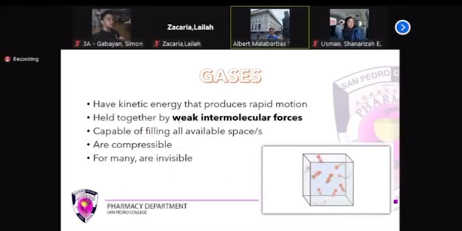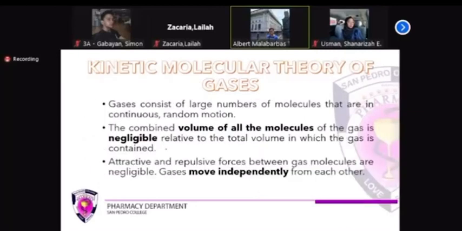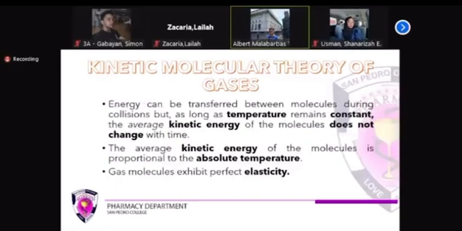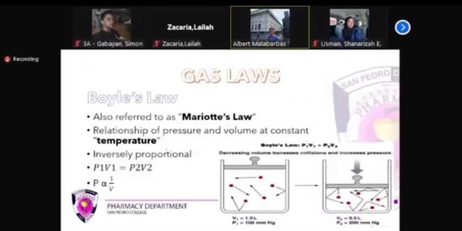They are held together by weak intermolecular forces, and they are capable of filling all available spaces. They are also compressible, unlike your solids. I'll skip this part about the kinetic molecular theory of gases because I'll proceed to the major part of our lesson about gases, which is all about the gas laws.